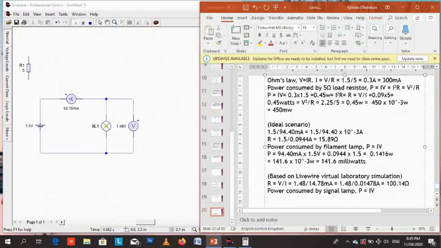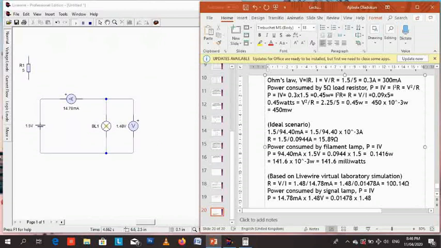So, the power consumed by the lamp based on the measured value from the simulation. P equals, the current is 14.78, that's still constant. The voltage is 1.48, not 1.5. 1.5 volts is the calculated value. Now the measured value based on the simulation is 1.48.